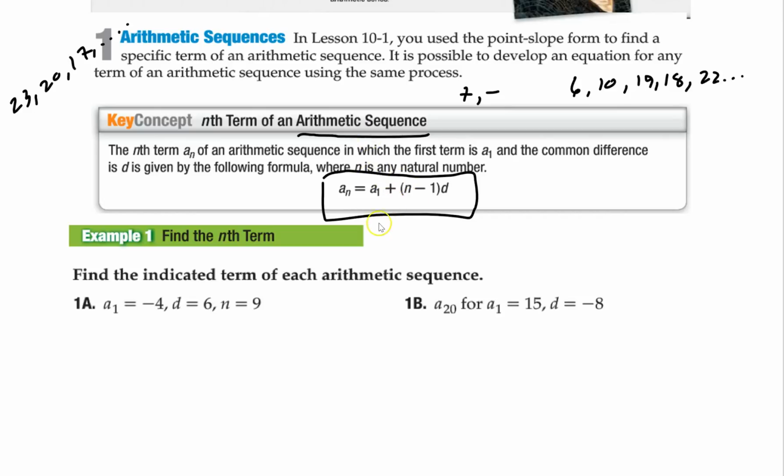Well, first up, what is A1? That's the first term of the sequence. So right here, 6 would be my A1. It's my first term. Over here, 23 would be my A1. Let's talk about what D is. D is known as the common difference.